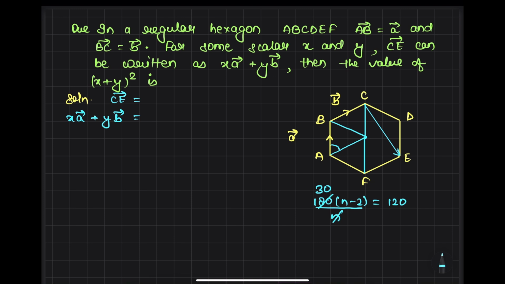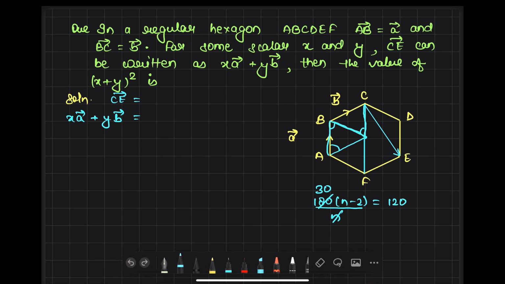So if this is 60, this is 60, and if both are 60, this triangle will end up having this as 60. So it's a parallelogram because it is making a Z over here. You got my point?